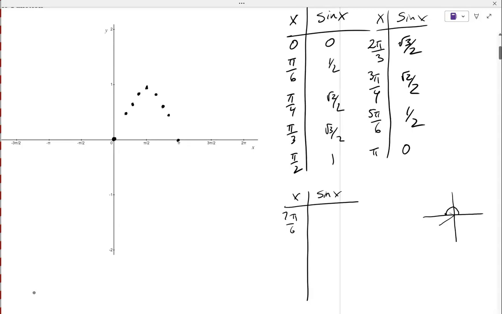For your pi over 4s, you would have 1, 2, 3, 4 pi over 4, 5 pi over 4 is the next one. For your pi over 3s, you would have 1, 2, 3, 4 pi over 3. And then 3 pi over 2 is the one that's down this way.